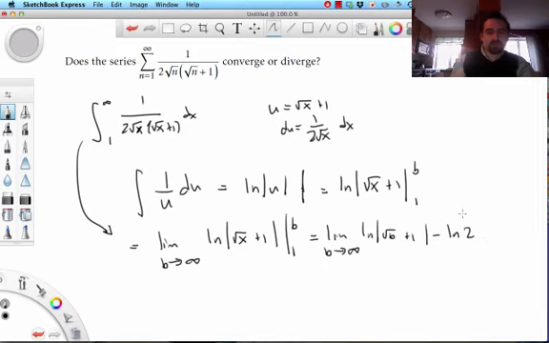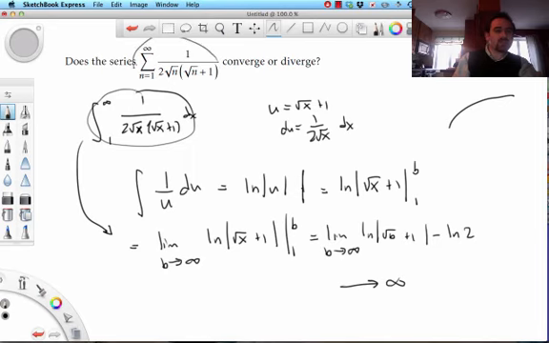Now this is finite, that's fine. This part, however, root b is increasing. Okay, root b, remember, is this function. So this is increasing. ln is also increasing at, again, a similar kind of rate. So ln is increasing, root b plus 1 is increasing. That makes this always increasing, which means this goes to infinity, which means the integral diverges, and so does the sum.